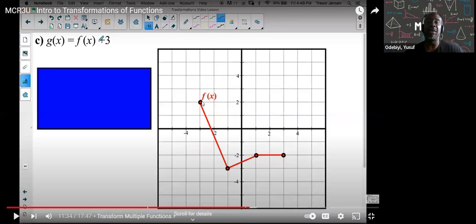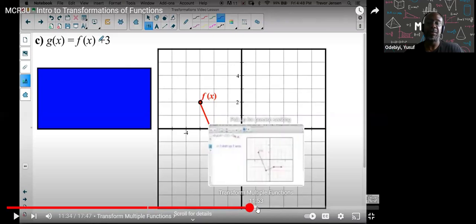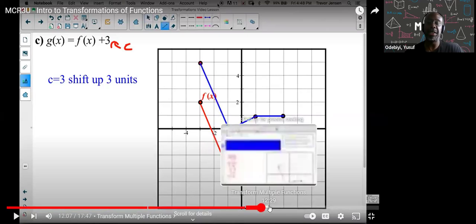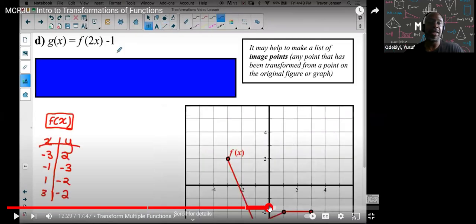If my y here is 2, now it's going to be 5. My y here is -3, it's going to go up 3, then it's going to be at 0. So let's look at the answer. There you go. See, shifted up by 3. Pretty simple. Let's look at another example.